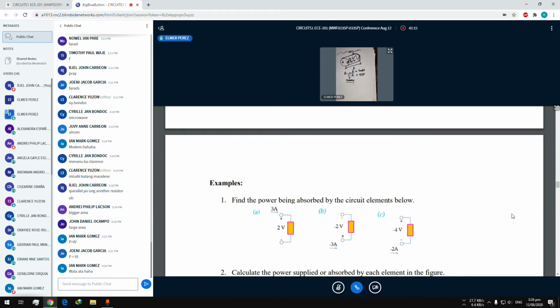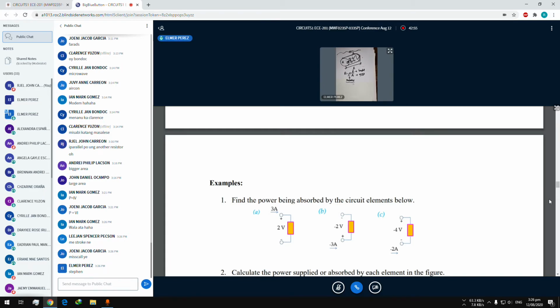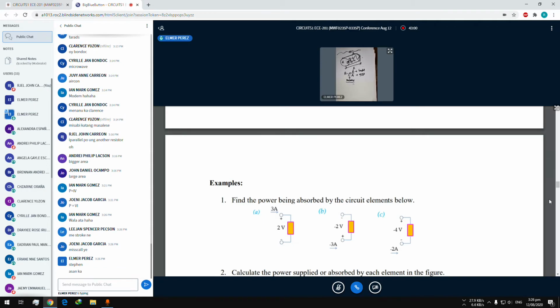Stephen. Absent. Hindi pa rin siya sumasagot.